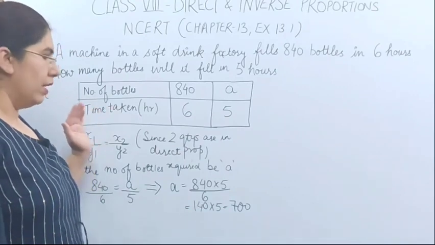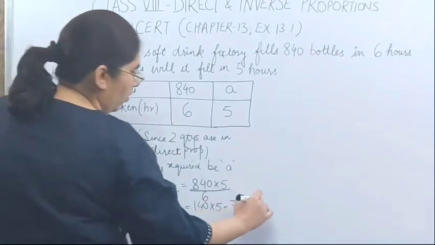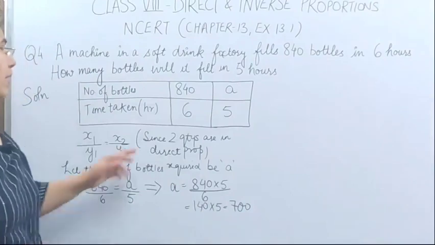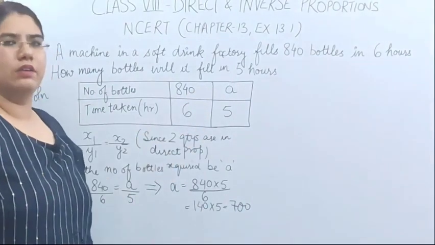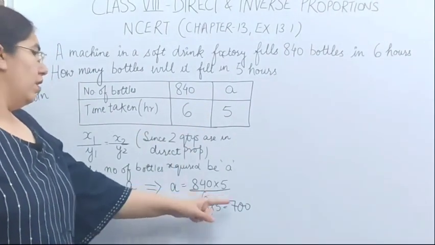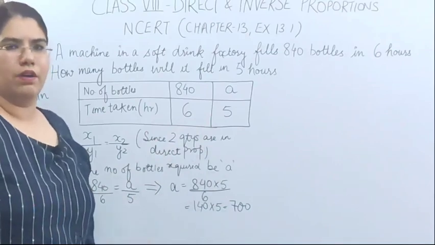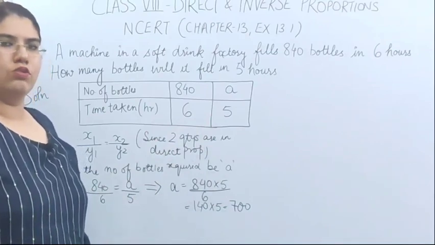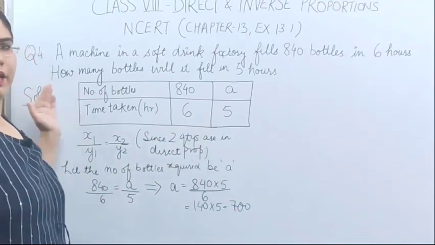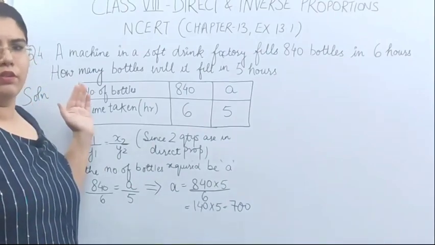Is it okay? Is it making sense? So the factory will be able to fill 700 bottles in a time period of 5 hours. So this is clear to everybody. Can we move to the next question?